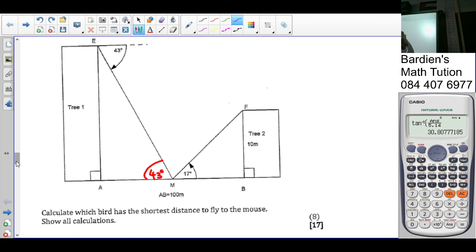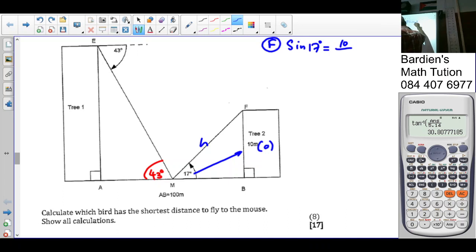The falcon F. For the falcon, remember this is a right angle triangle. So you're going to use the basic trig ratios there. We have opposite, and we want to calculate the hypotenuse. So which trigonometric function is opposite and hypotenuse? Sine. So we say sine 17 equals opposite, which is 10 over FM. So we put this over 1 and we cross multiply.